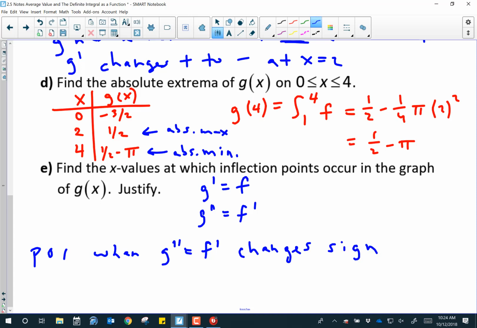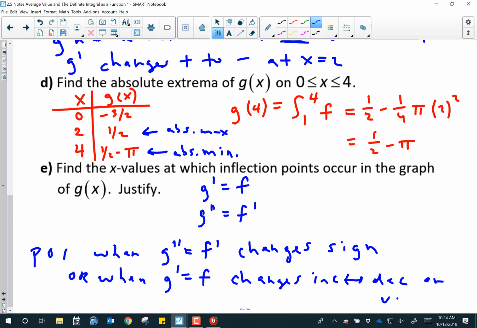Another way you could say that, as Rafael was saying, is when g prime, which equals f, changes from increasing to decreasing, or vice versa. Does that make sense? Either of those you could use.